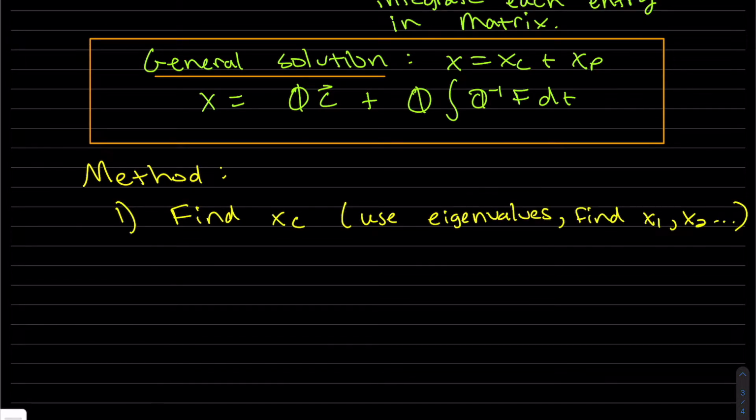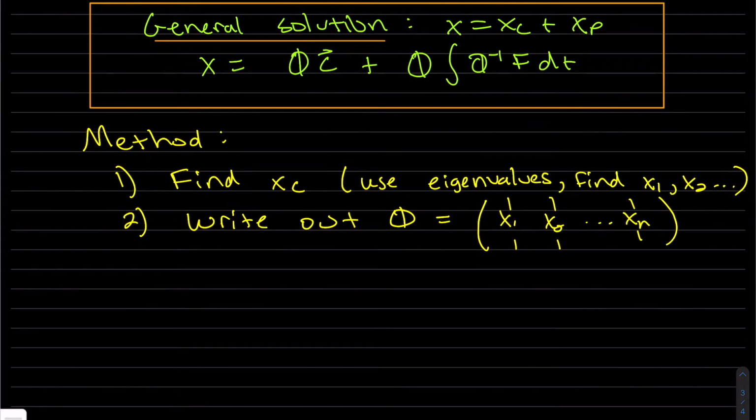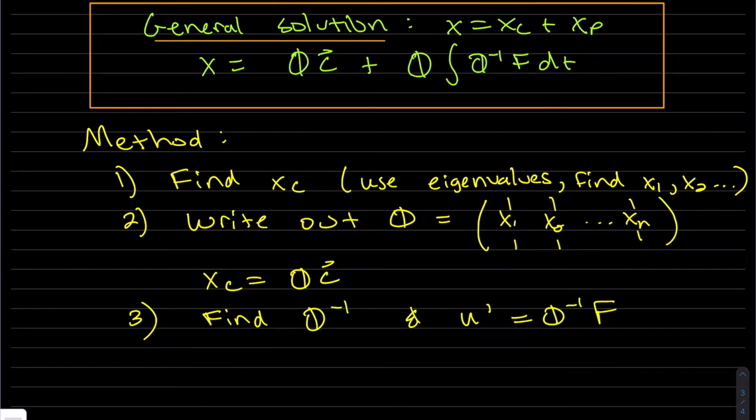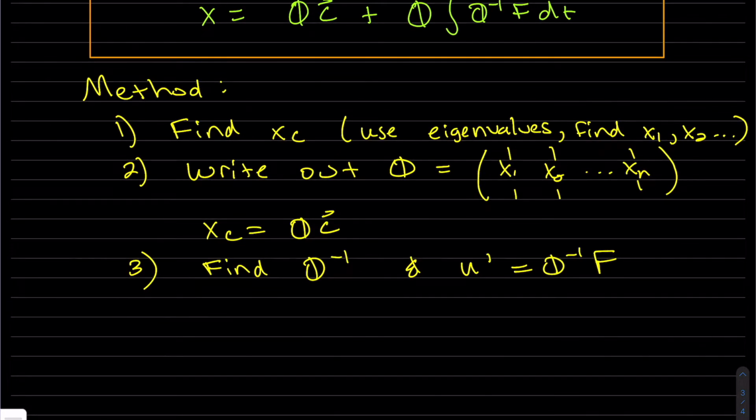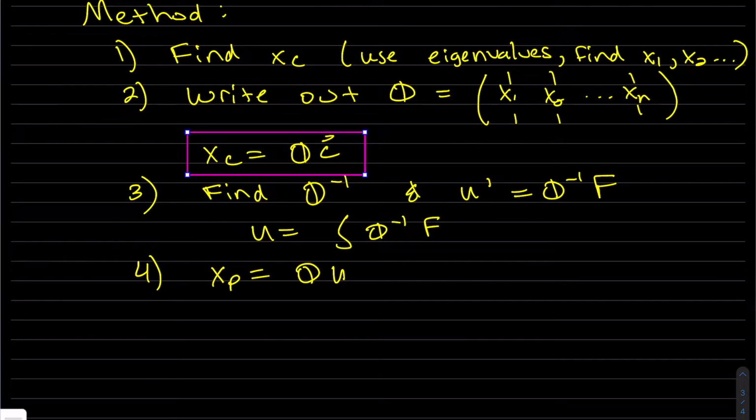Okay, so let's write out the method. First we find our eigenvalues. We write out our fundamental matrix. You find your phi inverse, and then you find the product, and then we have U equals the integral of that. Then x_p is phi times U. So again, that's our x_c, that's our x_p, just like the other variation of parameters.